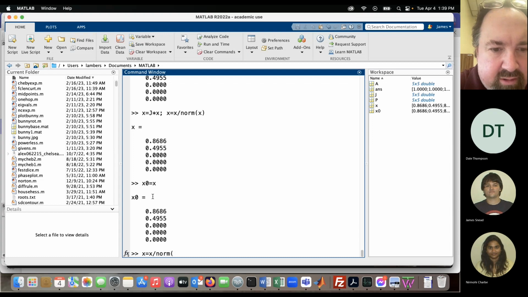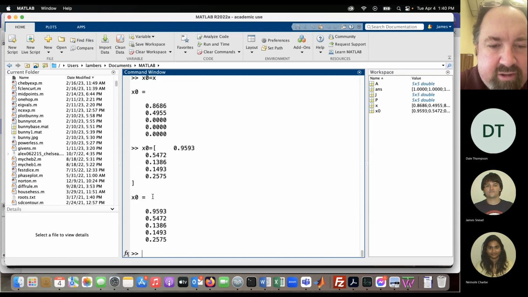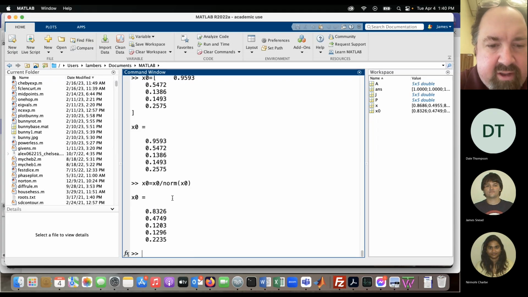And a normal. Oh, whoops. Okay, that's the initial vector. But I'm going to normalize it. Okay. Oh, okay.